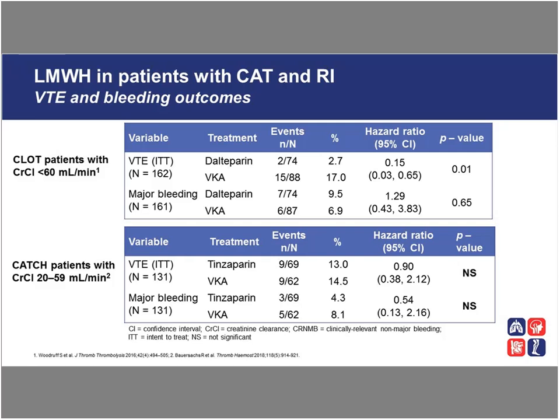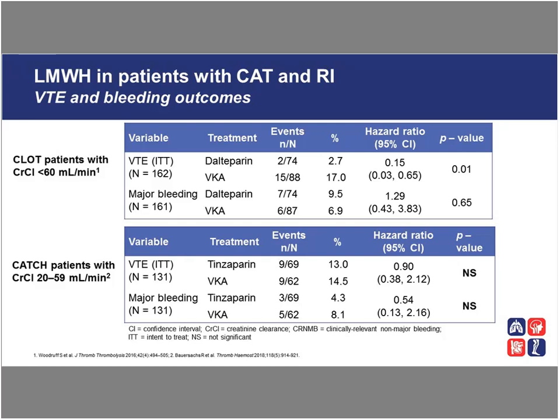In these patients, there wasn't a statistically significant difference when looking at major bleeding, where the dalteparin group experienced a 9.5% major bleeding risk and the vitamin K antagonist experienced a 6.9% major bleeding risk, for a hazard ratio of 1.29. Now, that is only 161 patients, and this was a secondary post-hoc analysis.